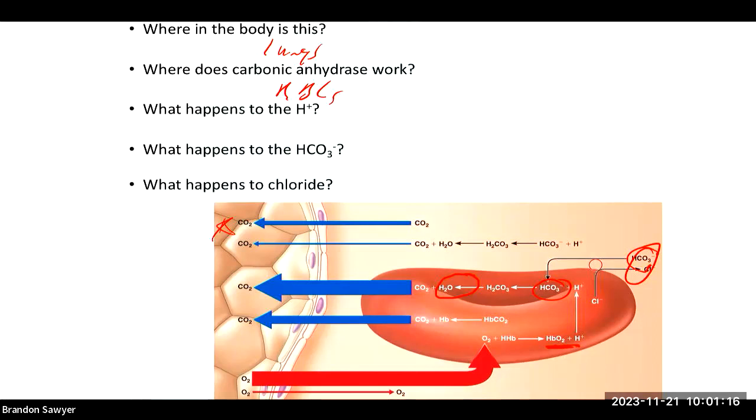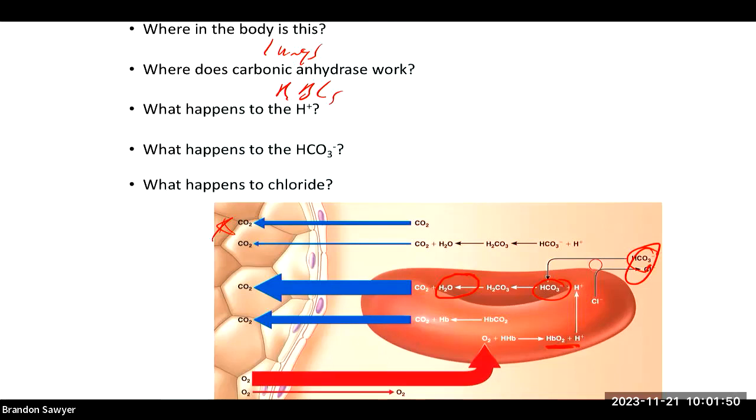Sorry, but the protons, they're still buffering, but do they have a higher concentration near the tissues? I guess that's external though, because that's from the tissues. Are you asking why it comes off of hemoglobin here? What happens to it? It binds to bicarbonate. So it comes off of hemoglobin right here, right? It was attached right here. We got this hydrogen plus hemoglobin, and then it comes off.